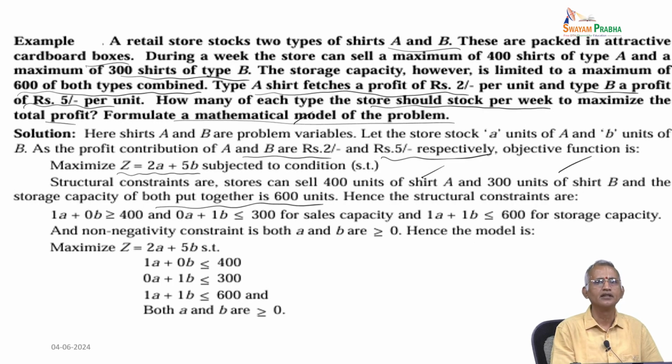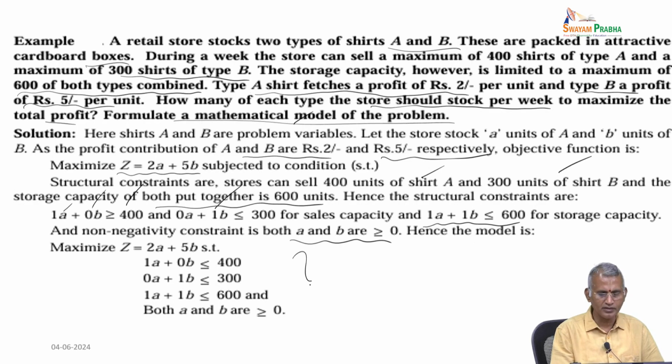Hence, the structural constraints are 1A + 0B ≤ 400, 0A + 1B ≤ 300, and for storage capacity 1A + 1B ≤ 600. For the non-negativity constraint, both A and B are positive.